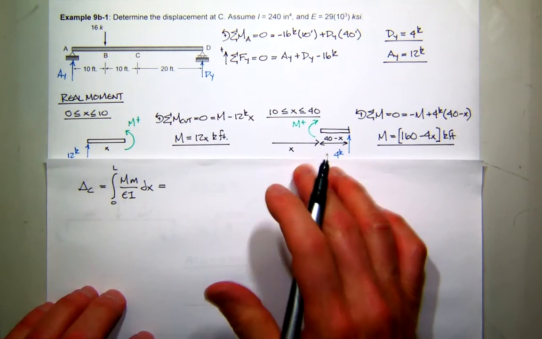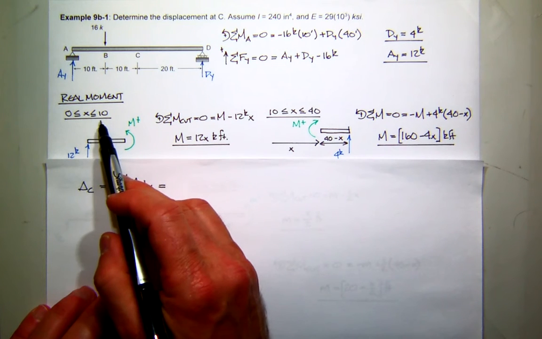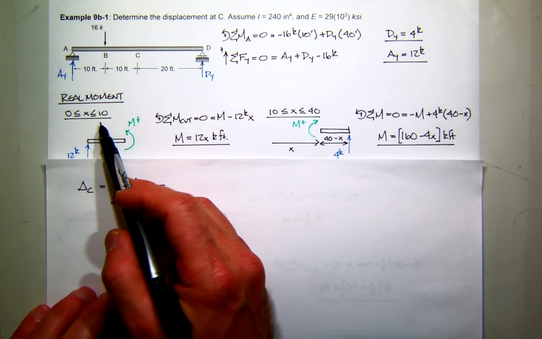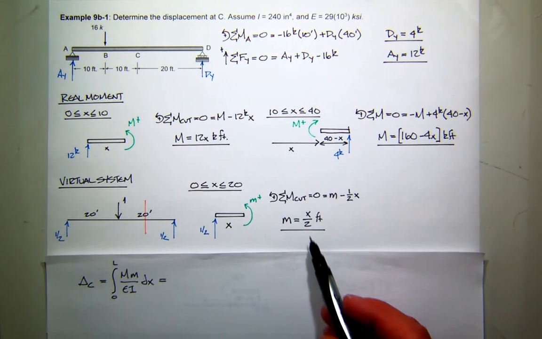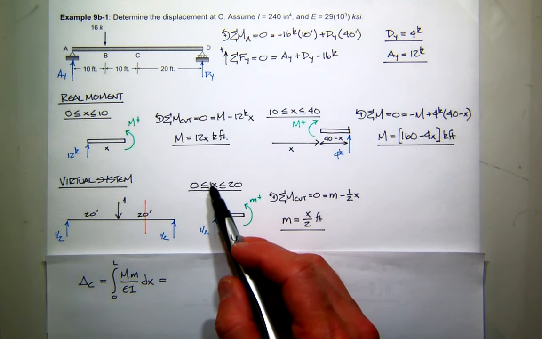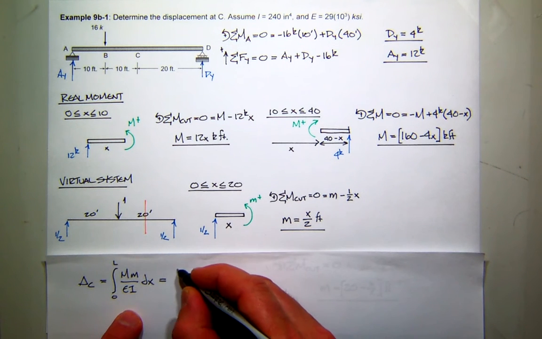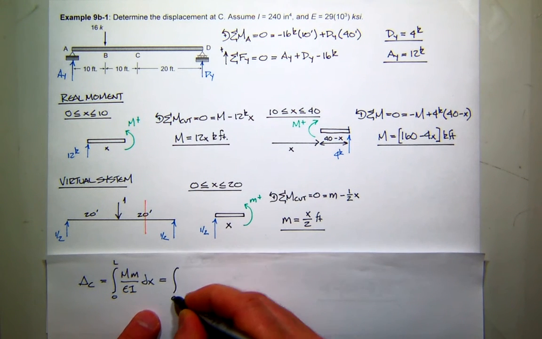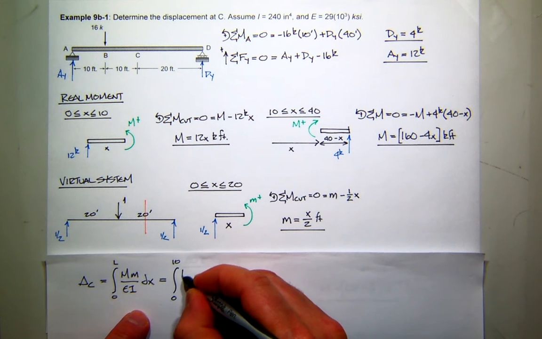Now, when I look at my real moment, I have an equation that goes from 0 to 10, and I have a virtual equation that also covers that same space. So I'm going to have to break it up from 0 to 10.